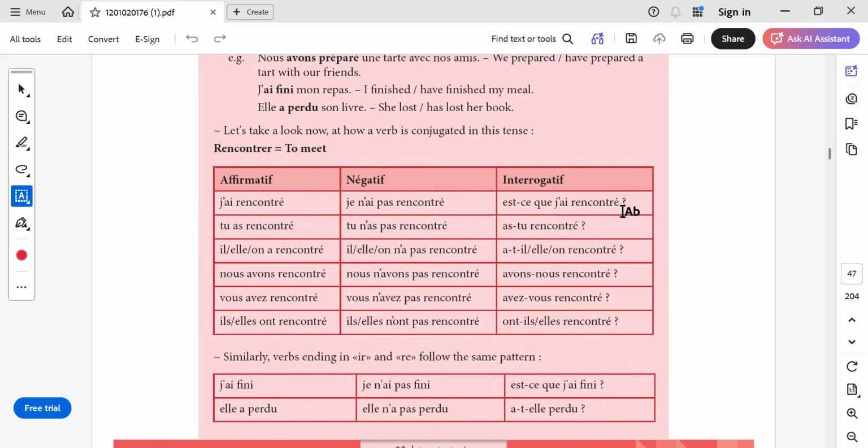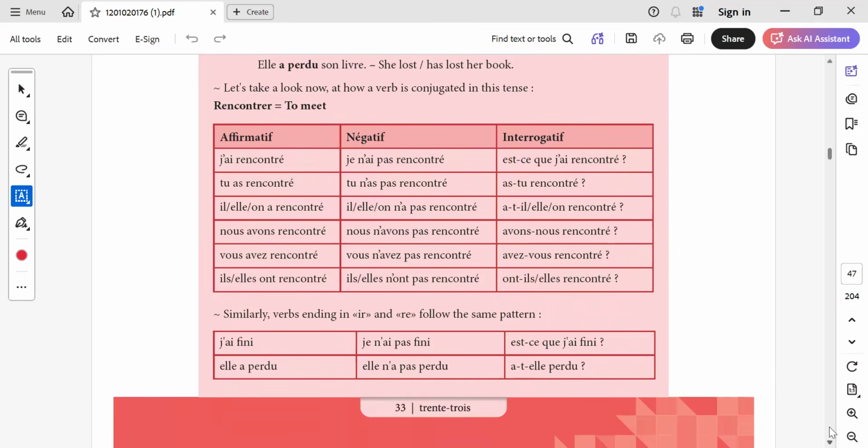And for tu onwards, we will be using inversion. So, as-tu rencontré? A-t-il or a-t-elle rencontré? We added T in between to avoid the clash of the vowel. Avons-nous rencontré? Avez-vous rencontré? Ont-ils rencontré? Ont-elles rencontré? So, in this way, you will be conjugating ER ending verbs in affirmative, negative, and interrogative.